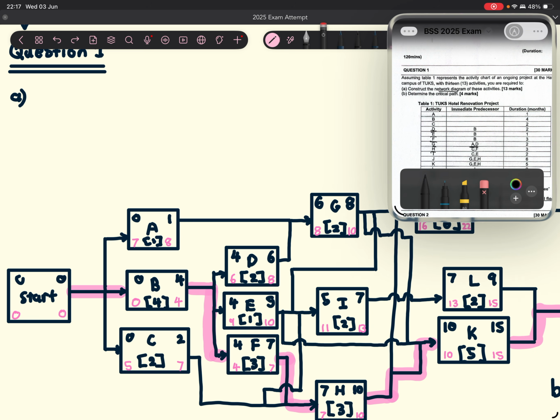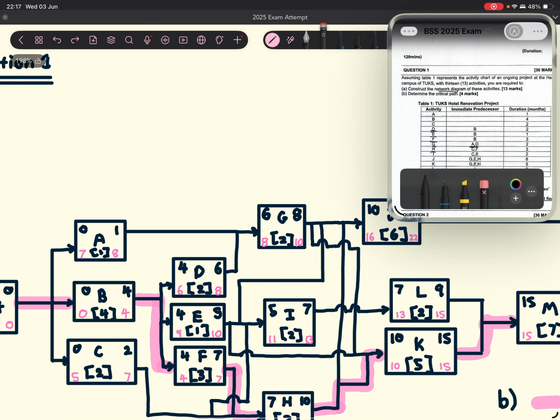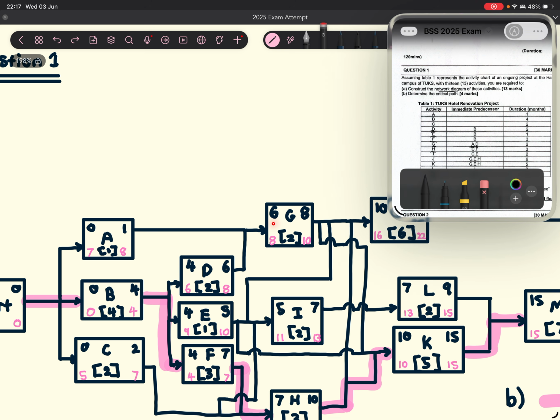Also, if you look at activity A, activity A leads into activity G. If you look over here, G starts on month 6 while activity A is set to end on month 1. You can delay activity A for a total of 5 months before you actually start activity G, and it won't end up delaying the project.